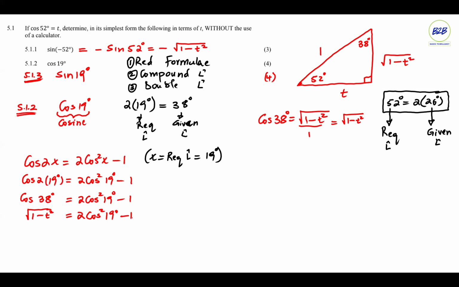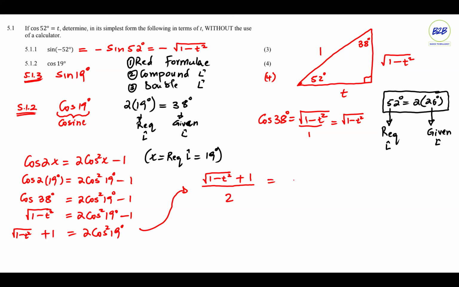We take the negative from the right-hand side to the left-hand side of the equation, and it changes from negative to positive. And all of that will be equal to 2 cos squared 19 degrees. And then we divide the square root of 1 minus t squared plus 1 by 2. Why? Because we want to remove this 2.